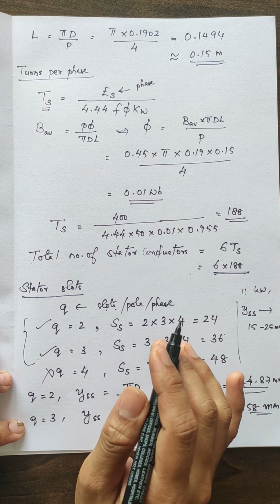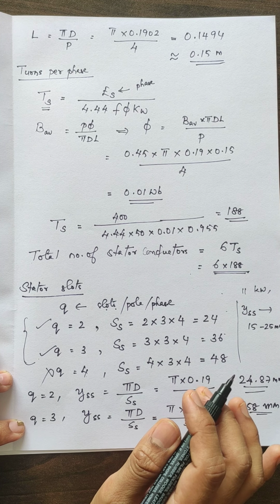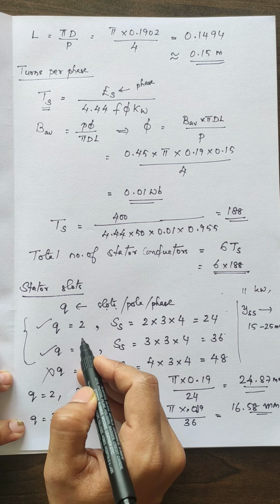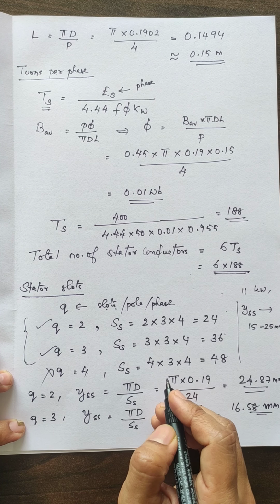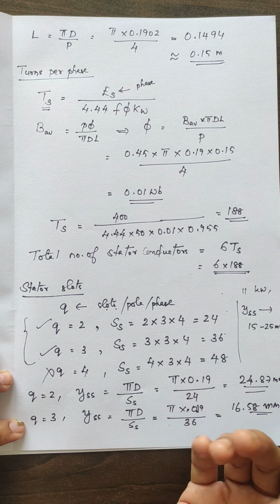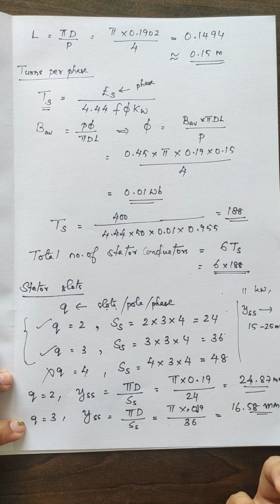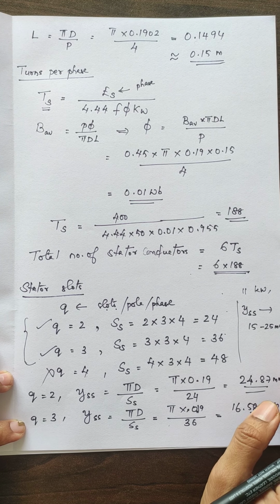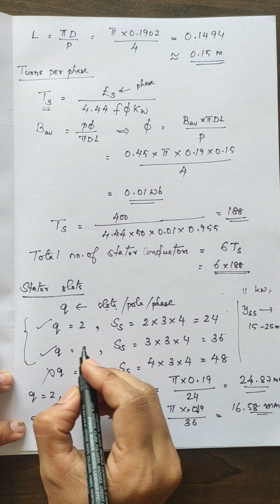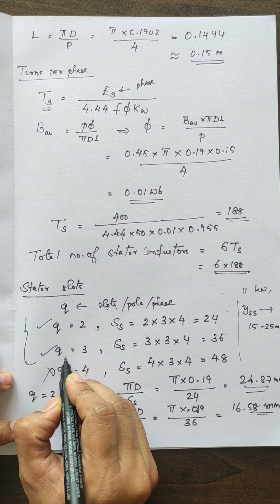So it is better to choose Q equal to 3. It is an advantage to have a larger number of slots because with a larger number of slots, tooth pulsation will be less and overload capacity will be more. So there are advantages. So we can choose Q equal to 3.